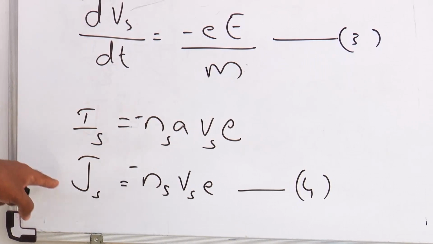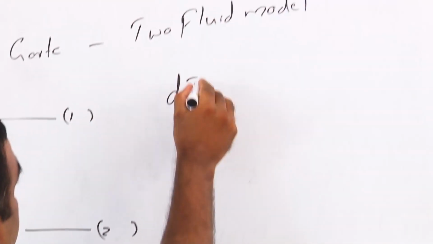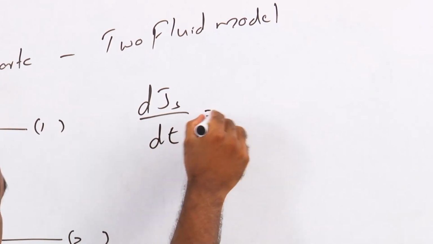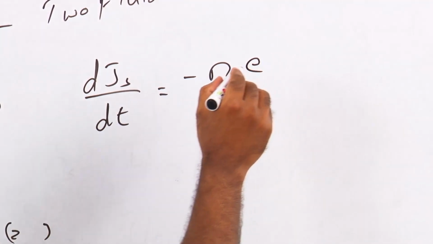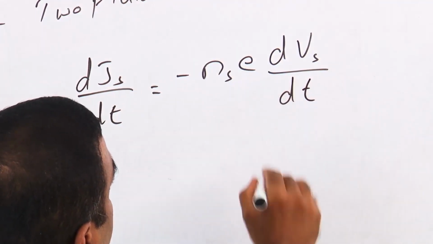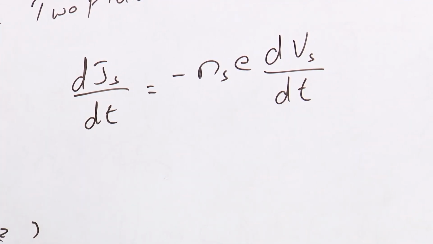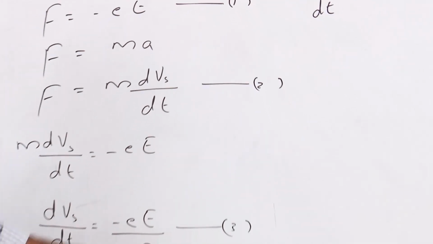I take the time derivative of relation 4. I get dJs by dt is equal to minus ns e into dvs by dt. But we have dvs by dt is equal to minus eE by m.